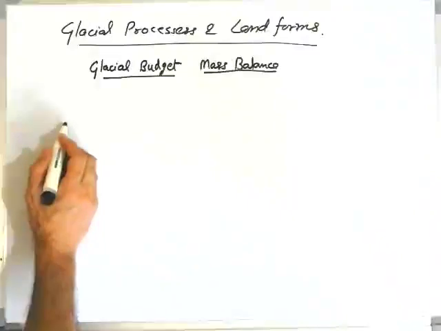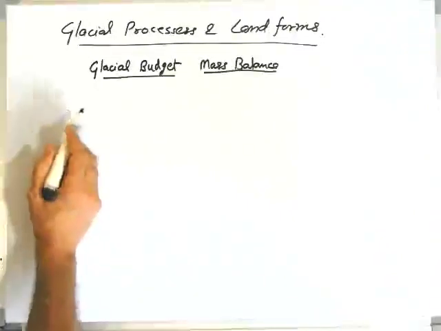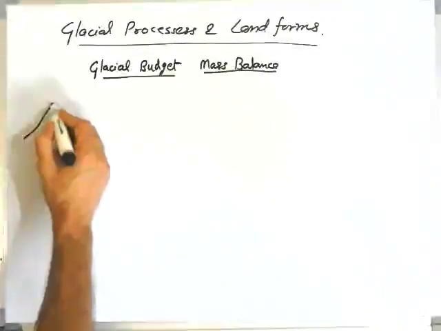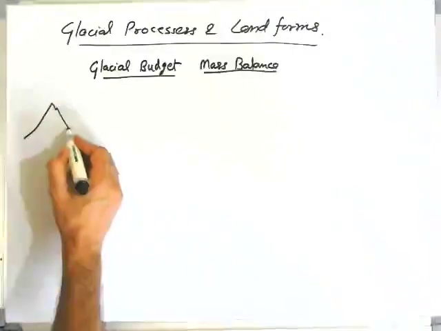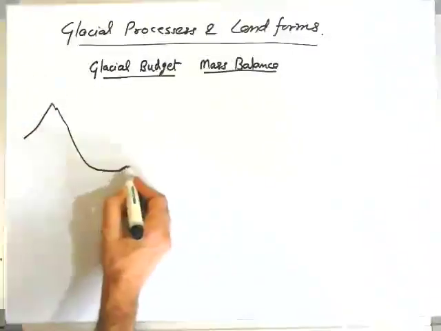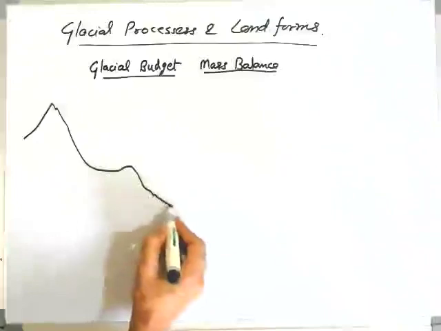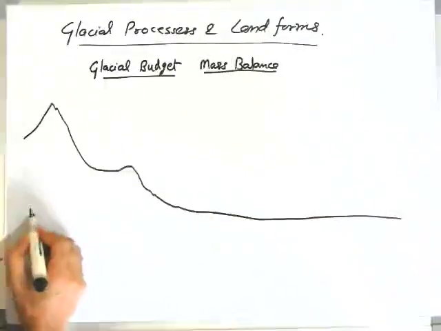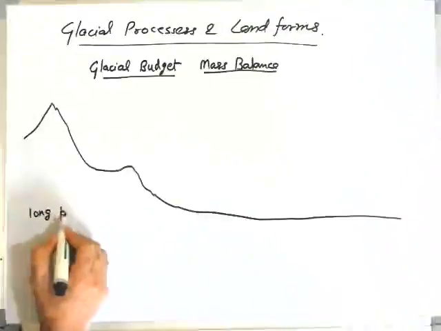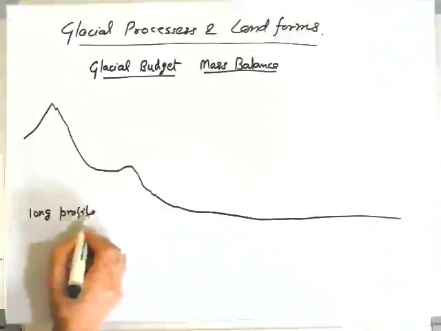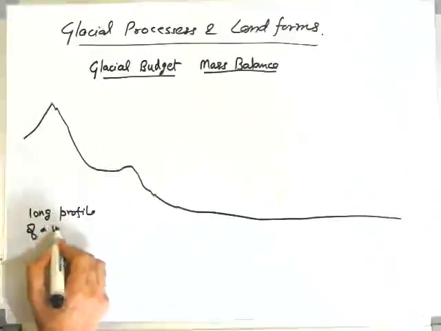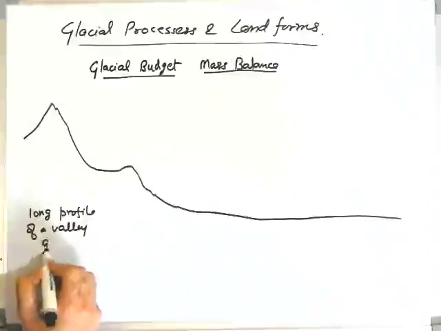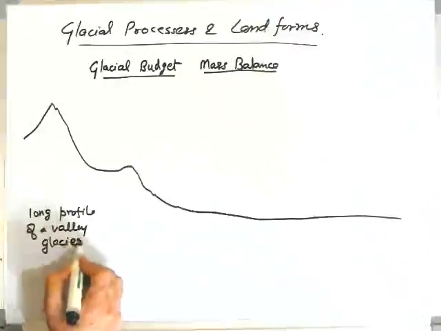Now we will take the example of a valley glacier. So this is the mountain peak, that is the horn, and here we have the cirque. This is the longitudinal profile of a valley glacier.